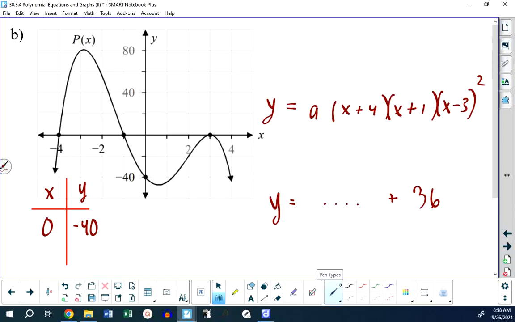It's going to be the 4 times the 1 times negative 3 squared times negative 3 times negative 3. It's going to be 36. So it's a y-intercept of 36, but the y-intercept here is negative 40. So if I asked all of you, what number do you multiply positive 36 by to get negative 40?